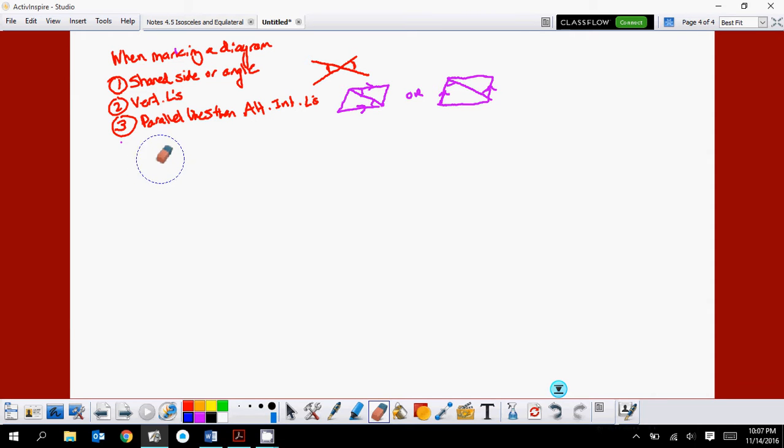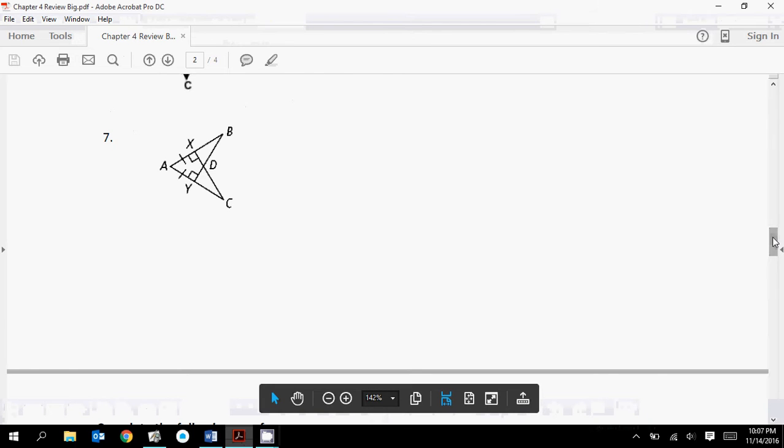So these are the 3 times when you can look at a diagram and mark it using your judgment. Are they shared sides? Are they vertical angles? Are they alternate interior angles? Remember, alternate interior angles are only going to happen with parallel lines. So when you look at every single diagram, you need to ask yourself those 3 questions.